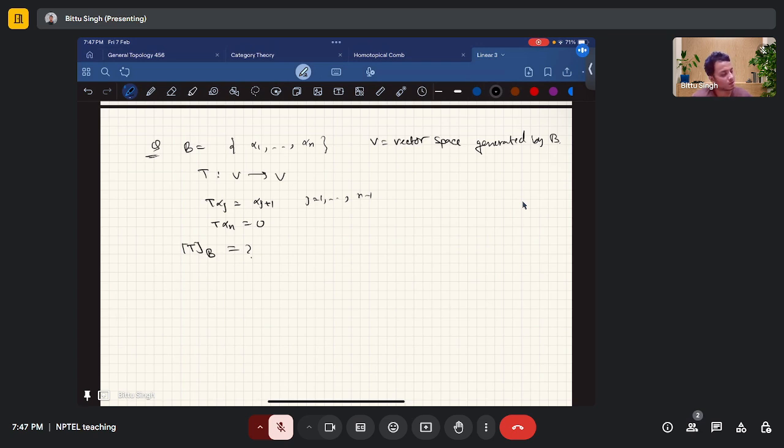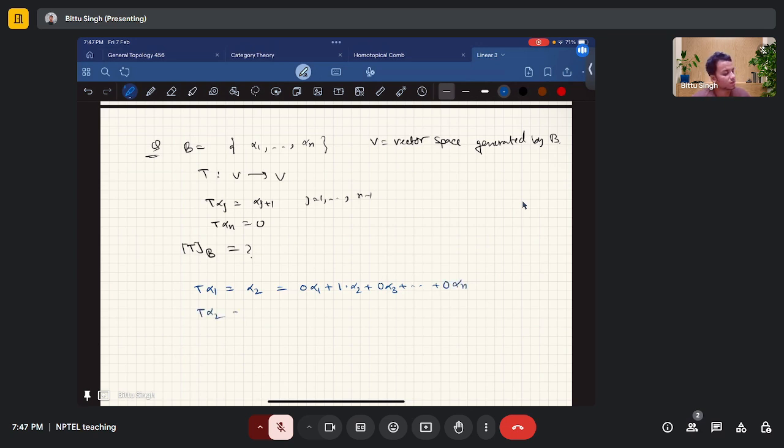So let us see what the matrix representation is. We can see T of alpha 1 is the same as alpha 2, right? So we can write this as 0 times alpha 1 plus 1 times alpha 2 plus 0 times alpha 3, up to 0 times alpha n.